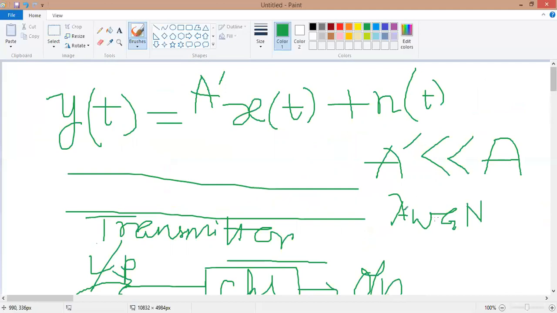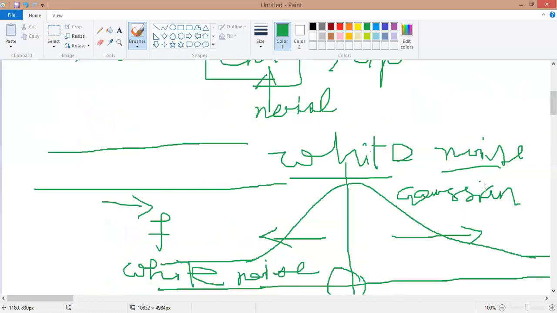Actually, we know about white noise. White noise is uniform in terms of its frequency variation. You will get some noise output from the channel which is absolutely uniform, but not exactly uniform. Some variation may be found due to the random movement of various smallest components, which is not actually observable through the open eye.